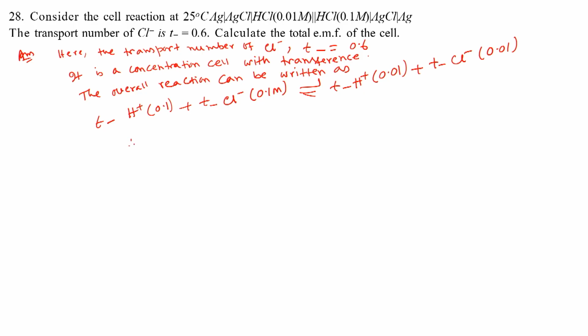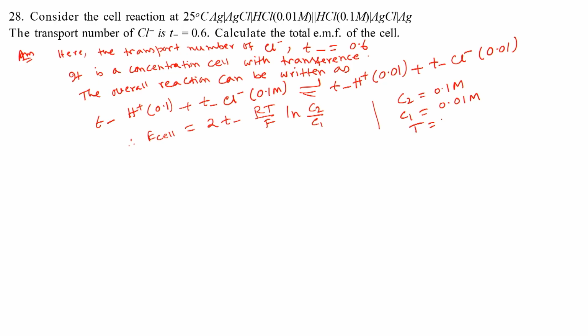Therefore, E cell is 2T minus RT by F ln C2 by C1. So we write C2 is 0.1 molar and C1 is 0.01 molar.